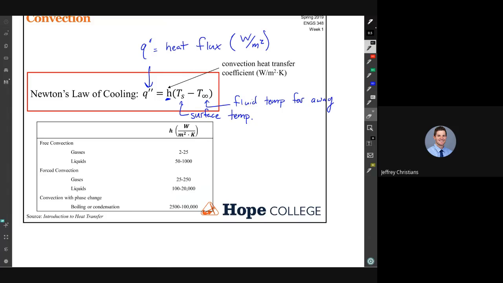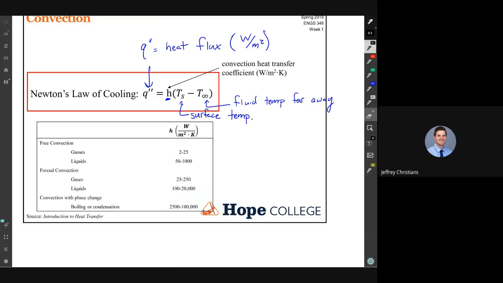Okay, so one of the interesting things about convection, at least for me, is that this is just proportional. So if you have a convection process where the air is 20 degrees and the pancake griddle is 200 degrees, you have a 180 degree temperature difference.